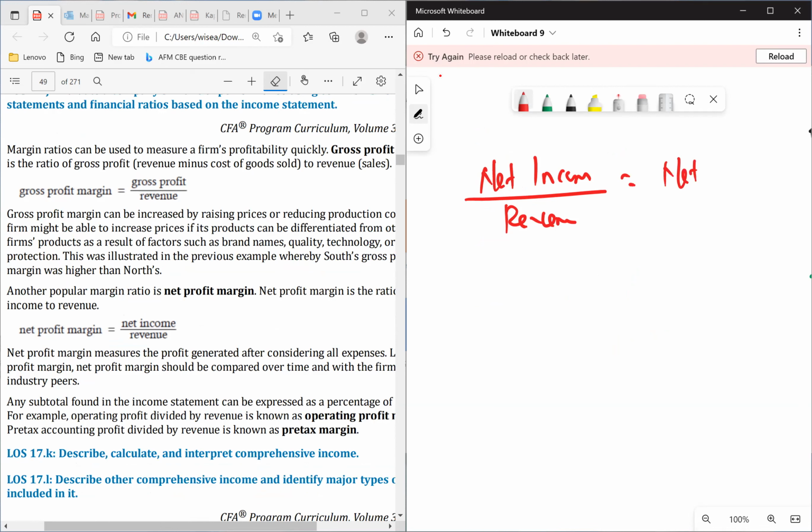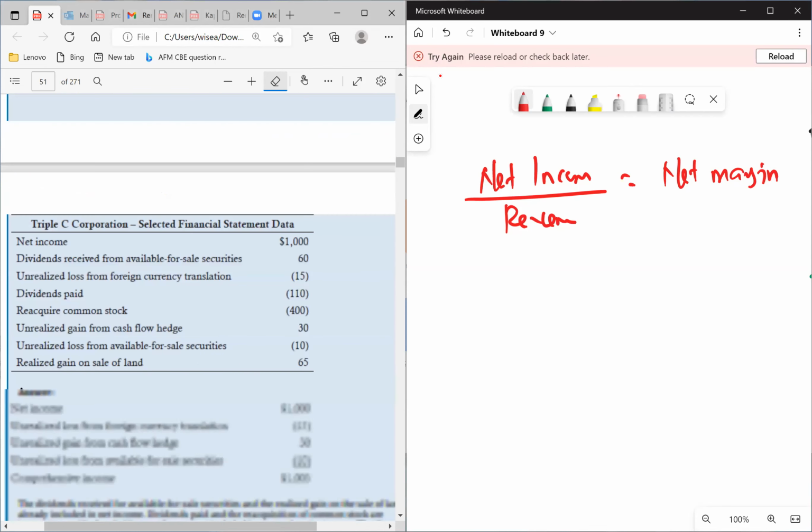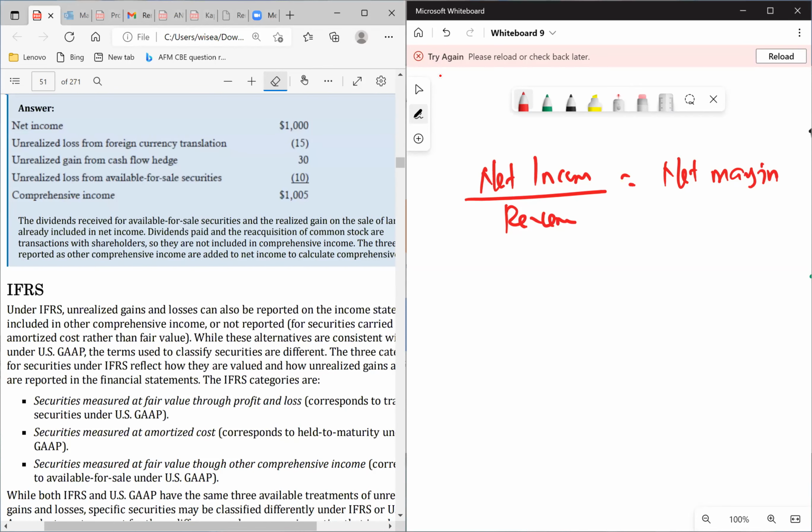So anywhere you hear the word margin, it indicates what? A comparison to revenue, something to be measured against revenue. All right. So, because we don't have much time, I want to quickly go to the measurement.